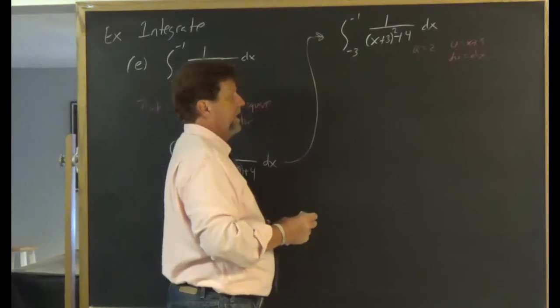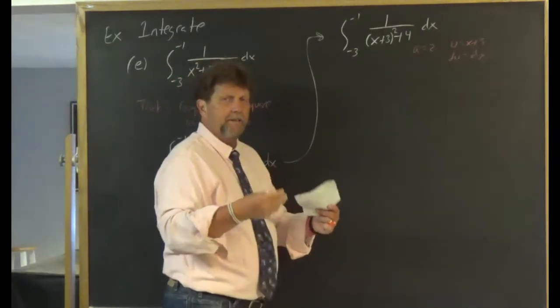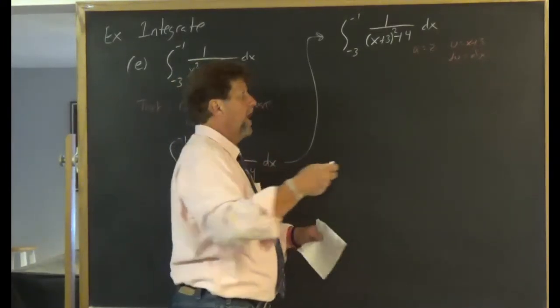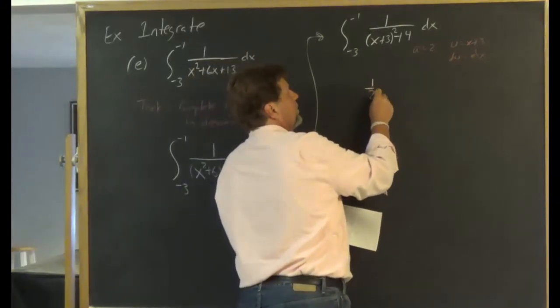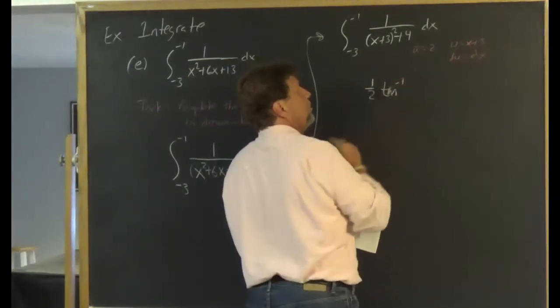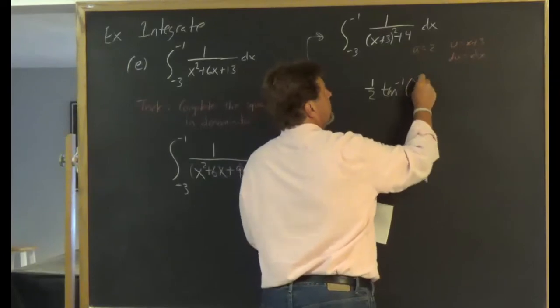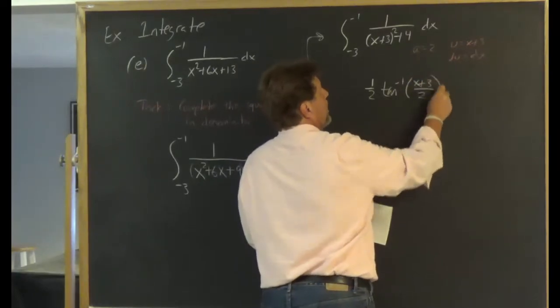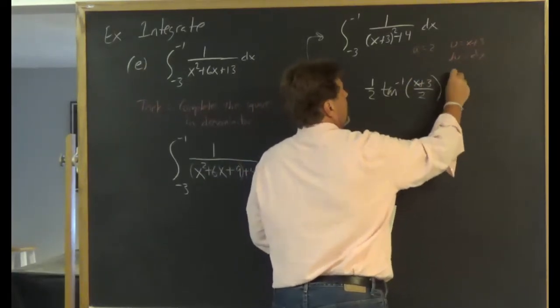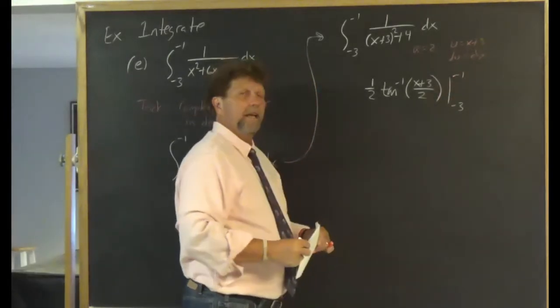So I can immediately get my antiderivative. It's an inverse tangent, with a 1 over a, so 1 over 2, inverse tangent of u over a, that's x plus 3 over 2. And I evaluate that from -3 to -1.